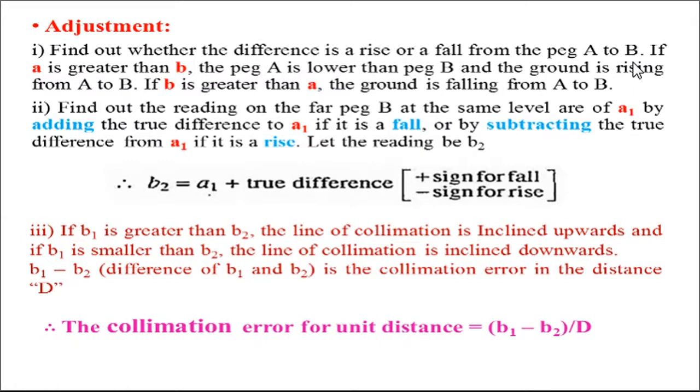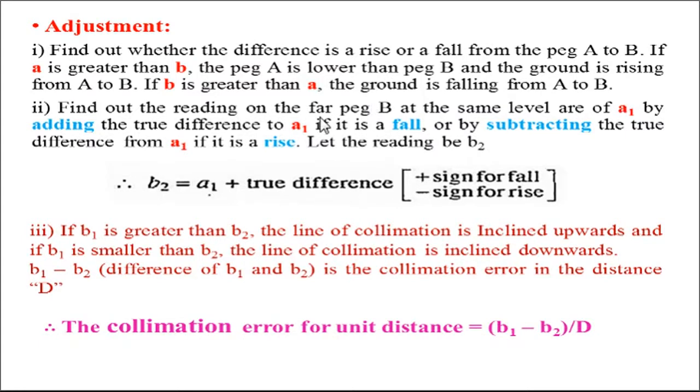That can be understood this way: if reading A is greater than B, then peg A is at a lower elevation than B and the ground is rising from A to B upward. If B is greater than A, the ground is falling from A to B. So by comparing the readings at A and B, we can say whether there is a rise or a fall.